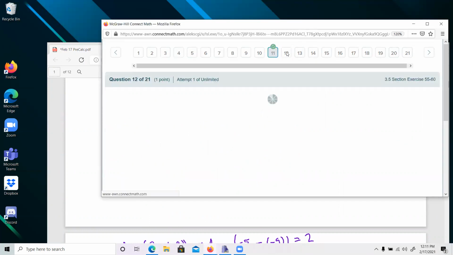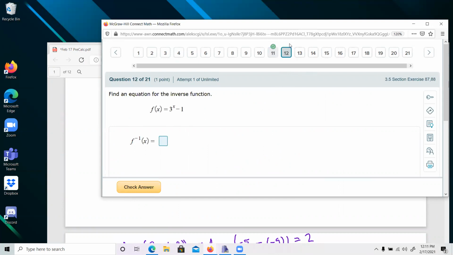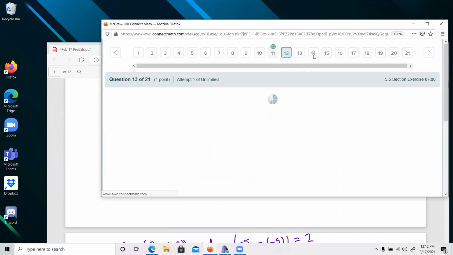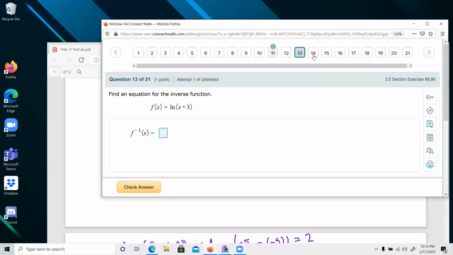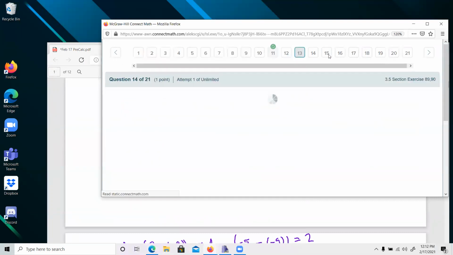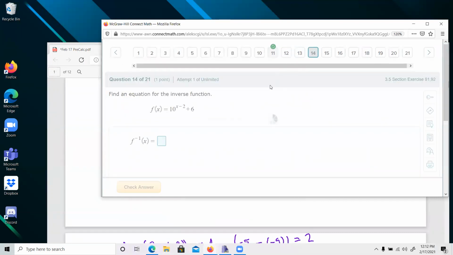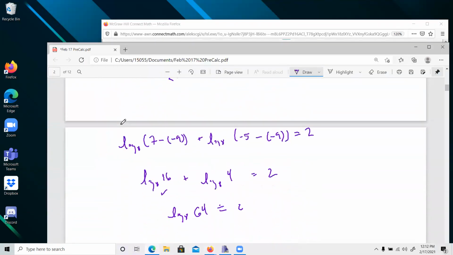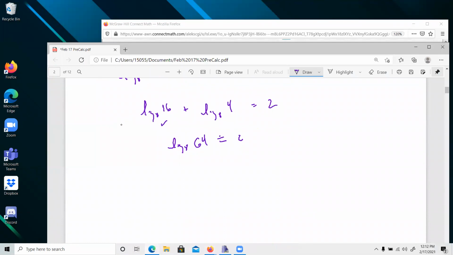All right. Well, okay, find the inverse functions. We're going to do a couple of these then. So remember how to find inverse functions. This is 3 to the x minus 1.